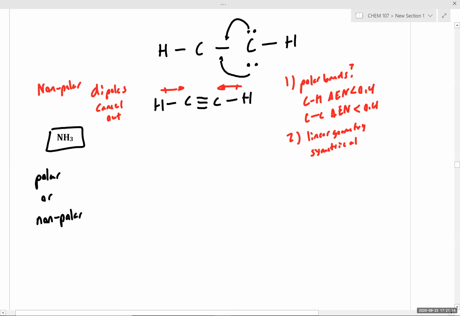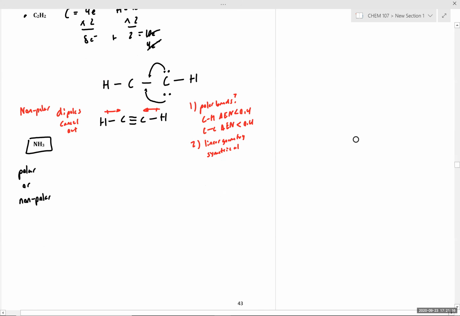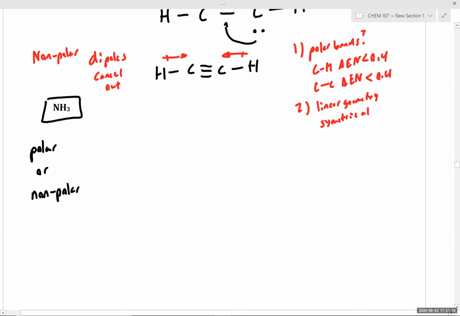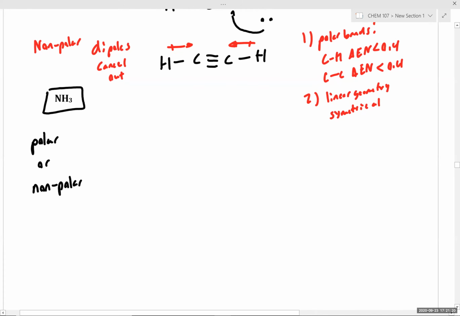This example is about the same difficulty that you'd see on an exam or quiz. So you should be comfortable doing this ammonia example. So I'll give everyone about 3 to 4 minutes to try and draw out the Lewis structure. And then from there, we can focus on indicating whether this molecule is polar or non-polar.